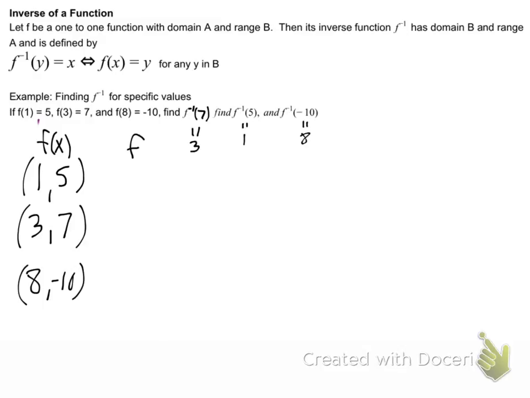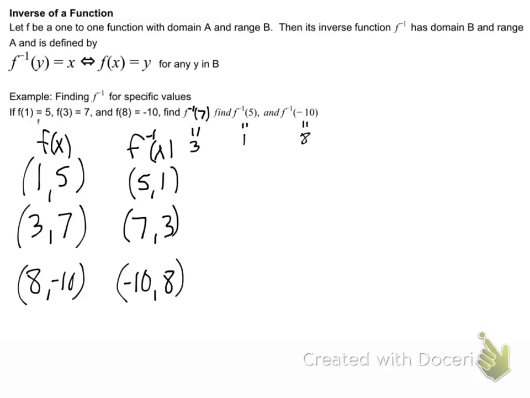Inverse, f inverse of x, the first point is, or actually it's the second one on here, but if I put in 5, I get 1. If I put in 7, I get 3. If I put in negative 10, I get 8.